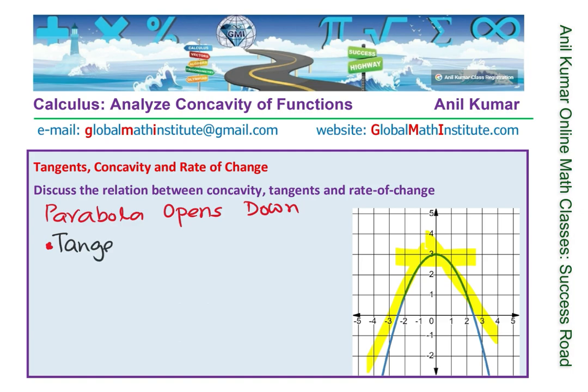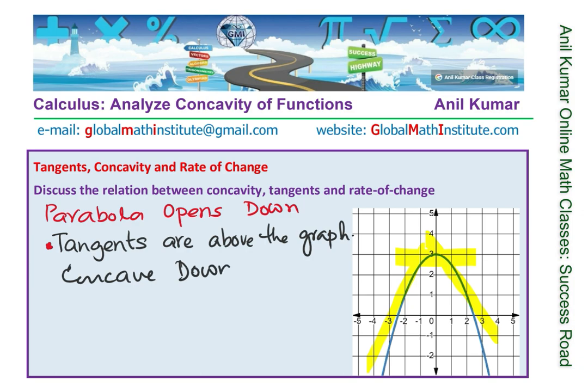Let me write tangents. The graph itself is called concave down, right? Opens down, correct? So the shape is concave down.